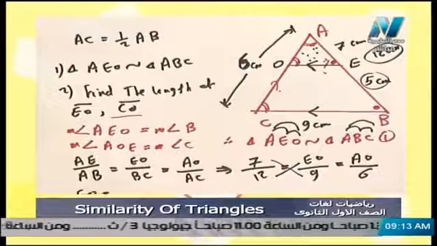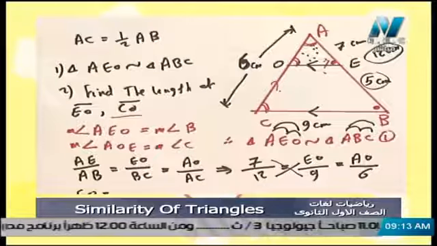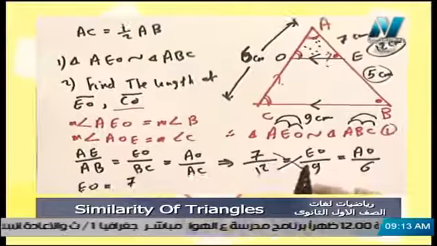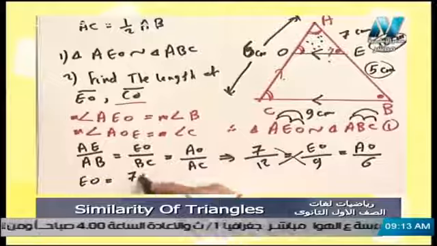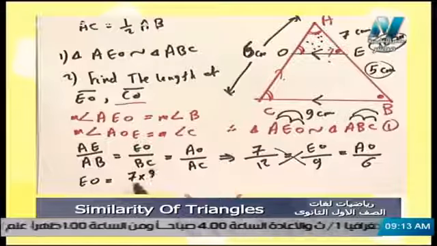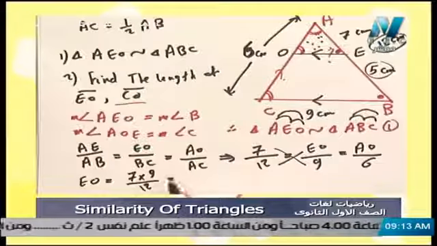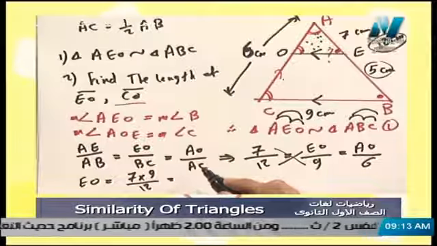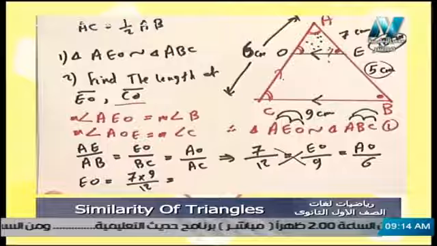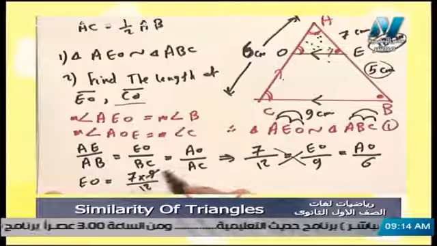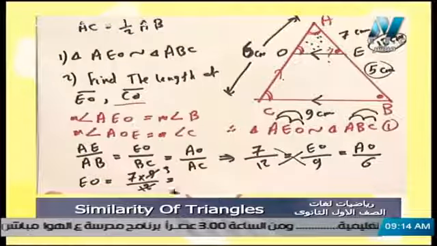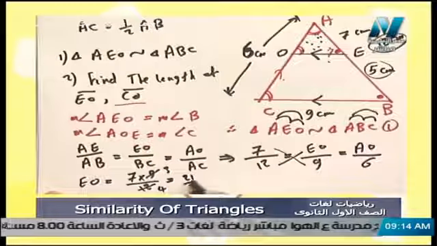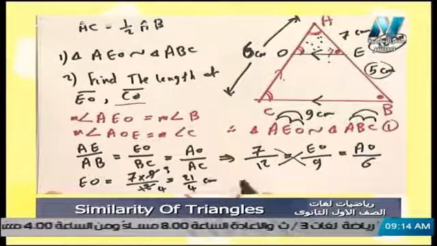So EO equals 7 times 9 over 12, and EO here divided by 3 equals 3, divided by 3 equals 4. Okay, so 21/4 centimeter.